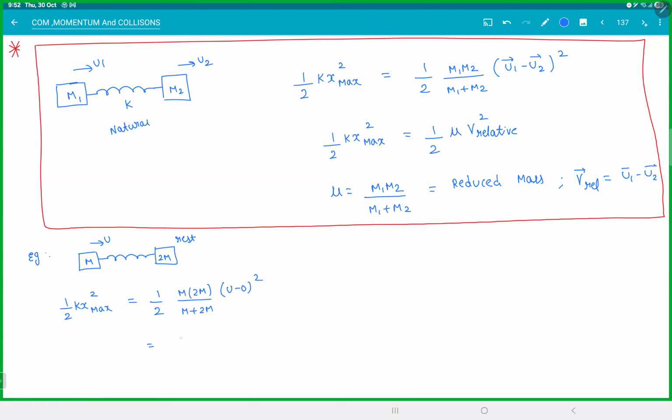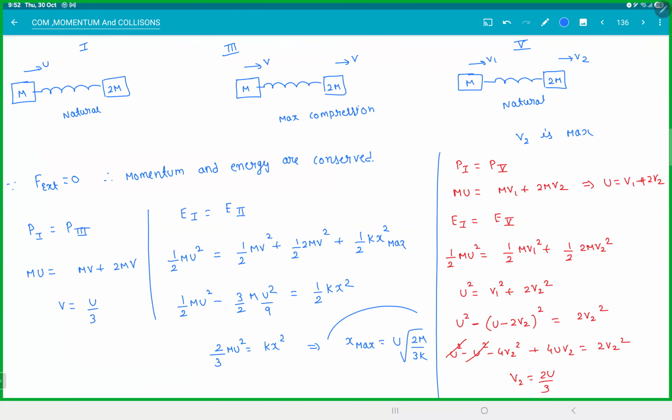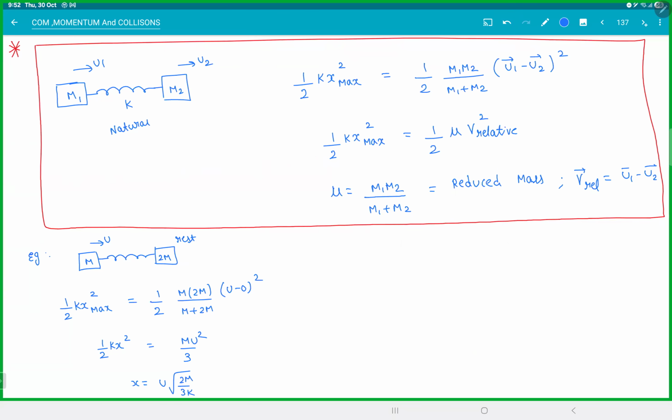This would be mu square by 3. Half k x square. So we get x is equal to u into root over 2m by 3k. Same answer. Saves you time in the exam.